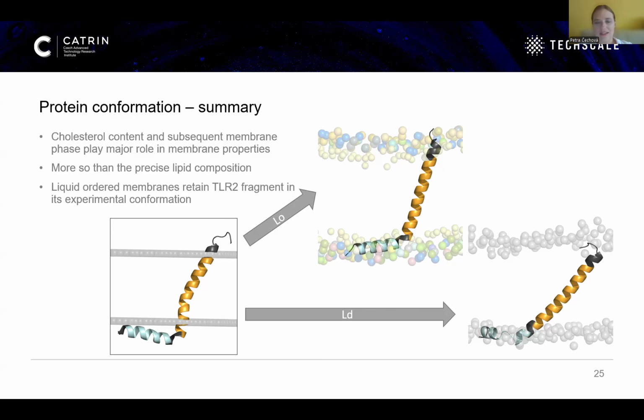So this is just a way to show that the membrane phase, even in bilayers, when basically the only phase there is ordered or disordered, really plays a role in how the membranes react and how the proteins behave in the membrane.